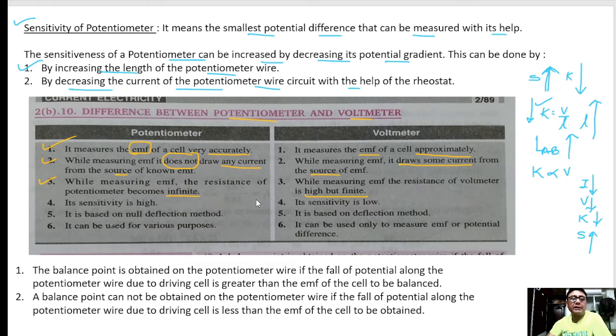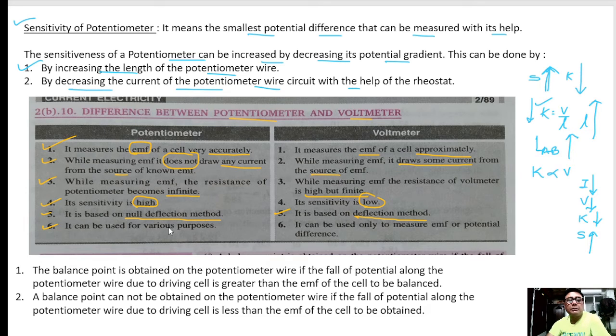Fourth, the sensitivity of the potentiometer is very high, and the sensitivity of the voltmeter is low. Fifth, the potentiometer is based on the null deflection method, and the voltmeter is based on the deflection method. The voltmeter will only give me the reading, and the potentiometer will give me zero deflection. Then only the sensitivity will be more.